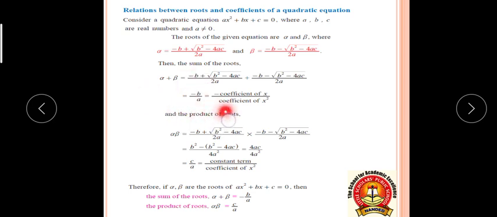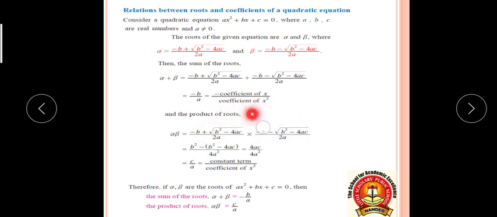Alpha plus beta is equal to minus the coefficient of x upon the coefficient of x square, that is minus b upon a. That is important. And the product of the roots, alpha into beta, is equal to minus b plus square root of b square minus 4ac upon 2a multiplied by the other root.